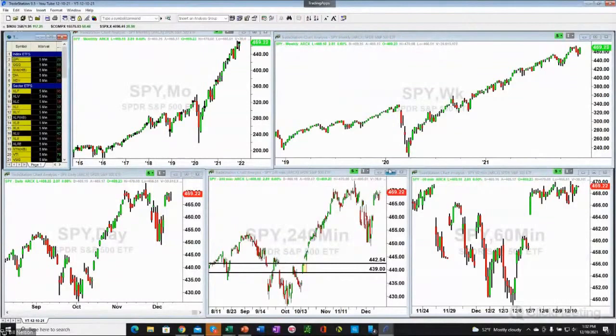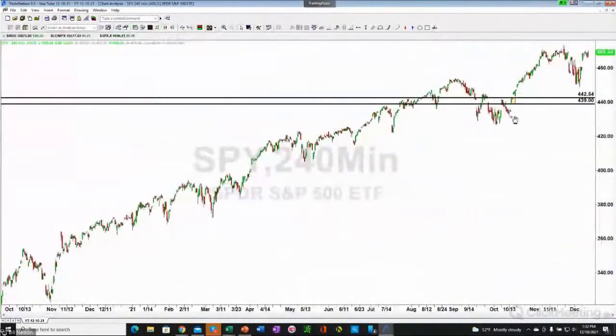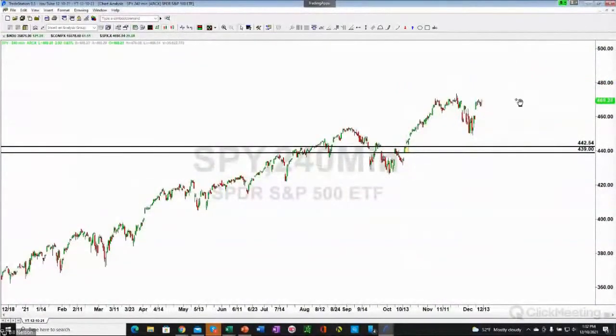With the SPY at 469, and some of our ideas are on the higher time frames, but just starting with the SPY, even though it is at 470, if you will, 469, picking it up at 442 still would represent a nice discount.